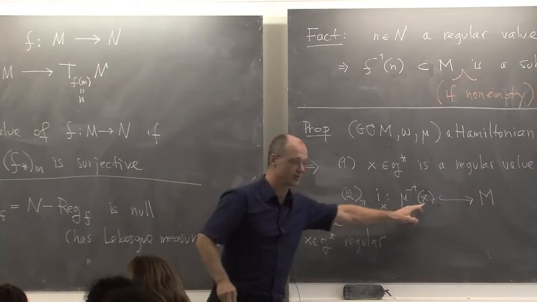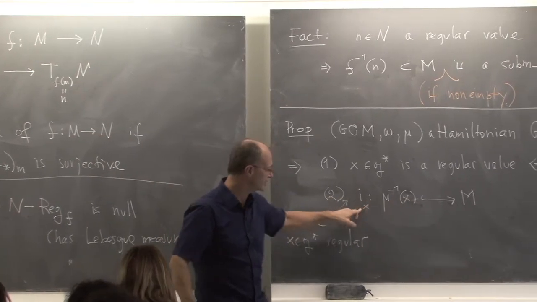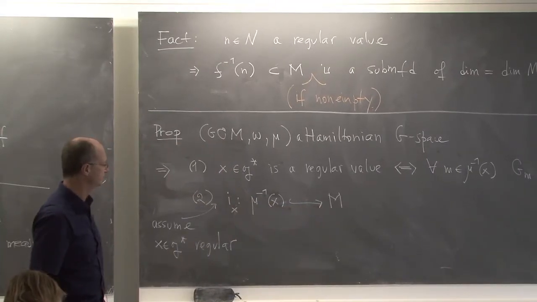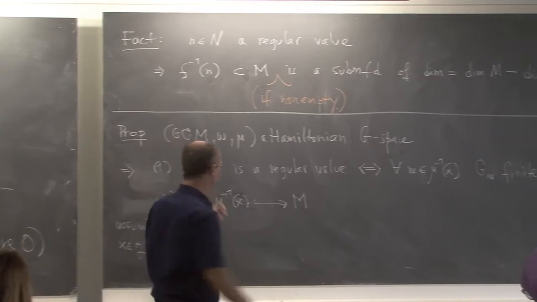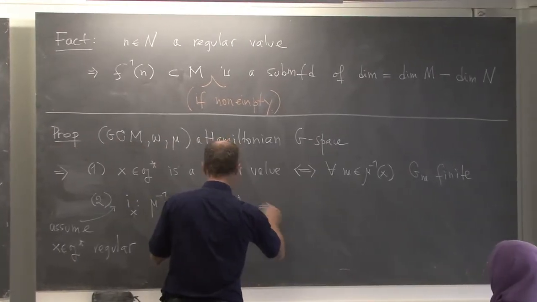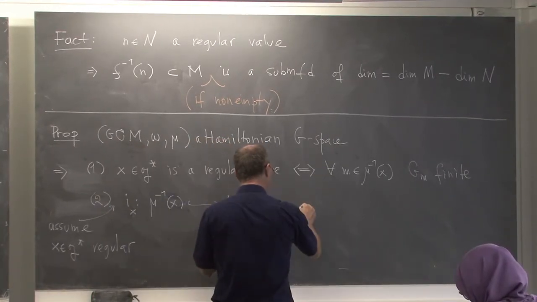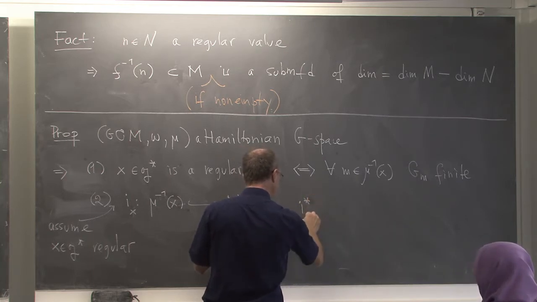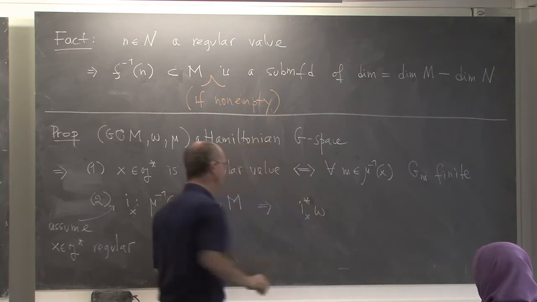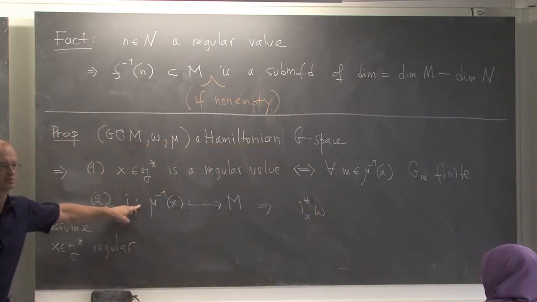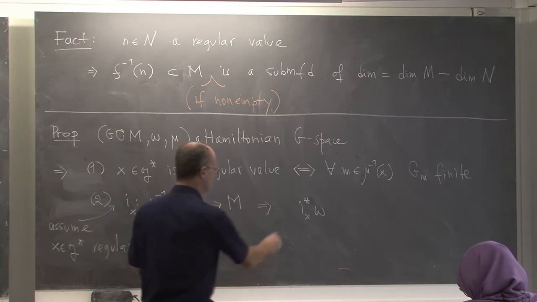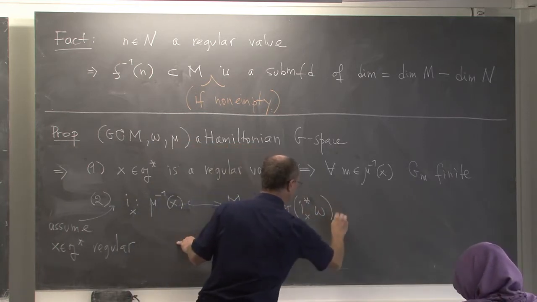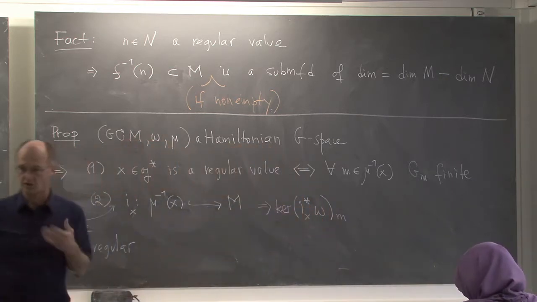So then the fiber is a submanifold, and let's denote by Ix its embedding back to M. So then what we can do, we can restrict the two form to this submanifold, and we can look at its kernel.